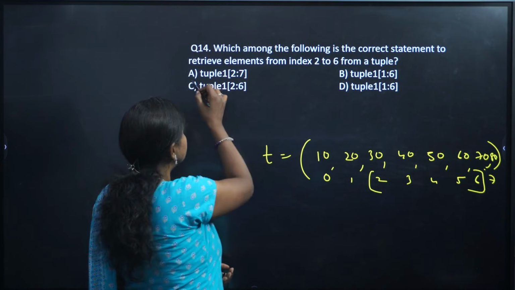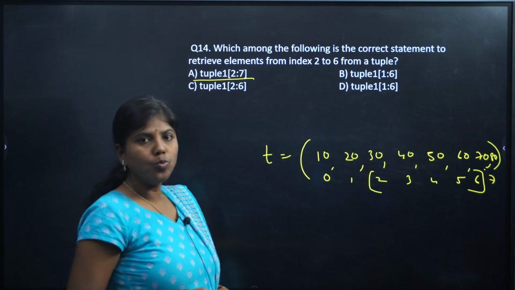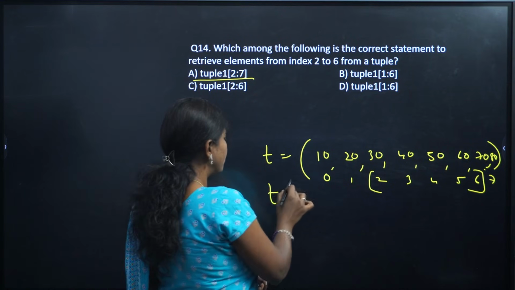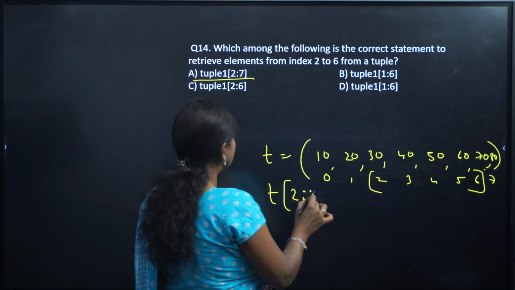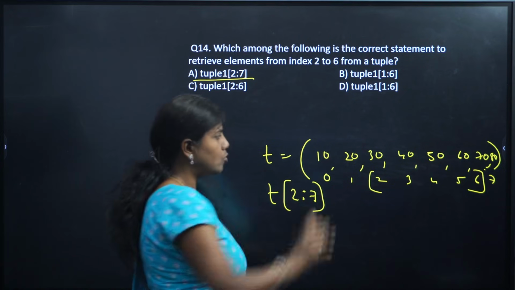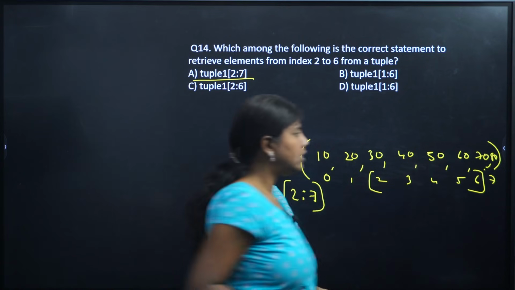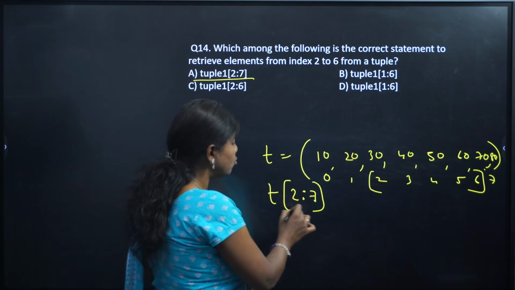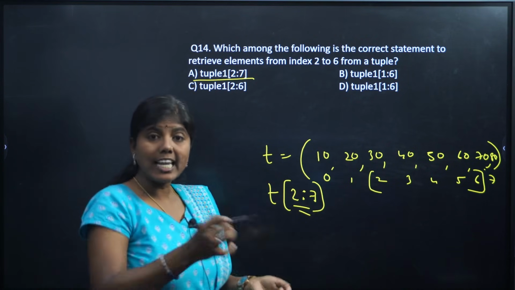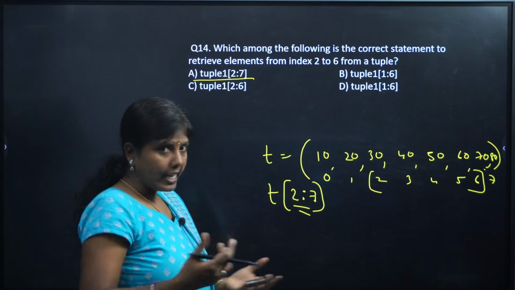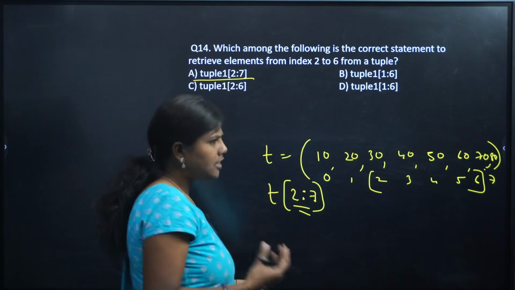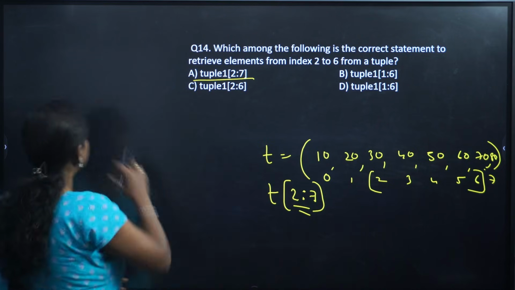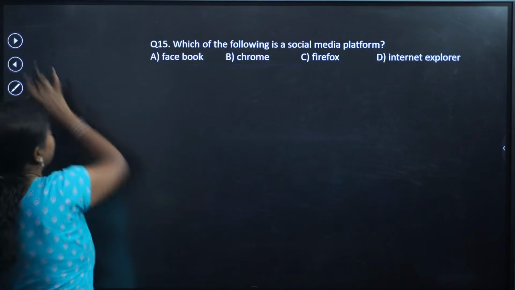So the answer is tuple of 2 colon 7. Tuple of 2 colon 7 is going to give you the numbers between 30 and 70. Remember, this is slicing: extracting from a tuple or a list, or it can be a string, from the original, is called slicing.